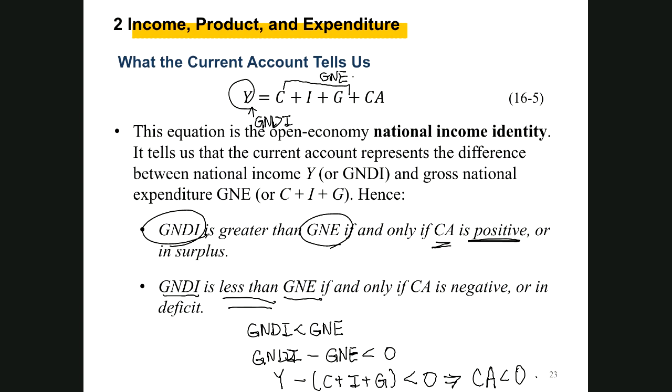Okay, so current account is positive if GNDI is larger than GNE. Use plain words to say it: income is larger than expenditure, my account is larger than zero.